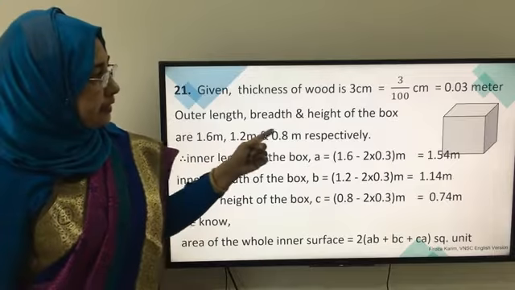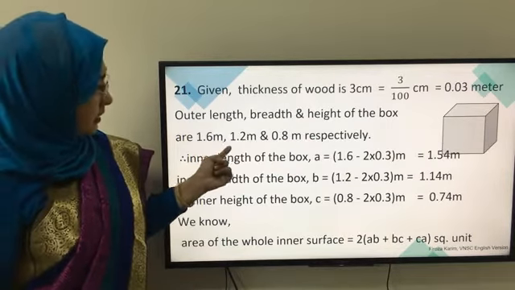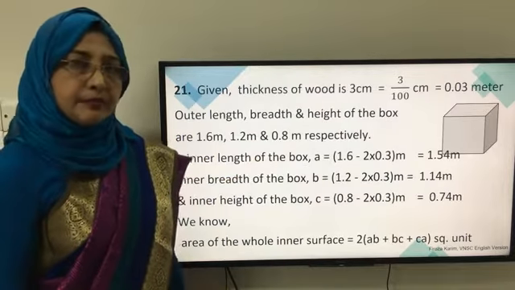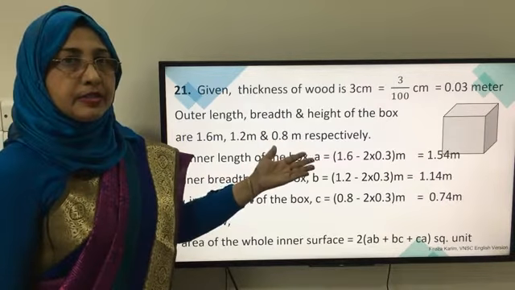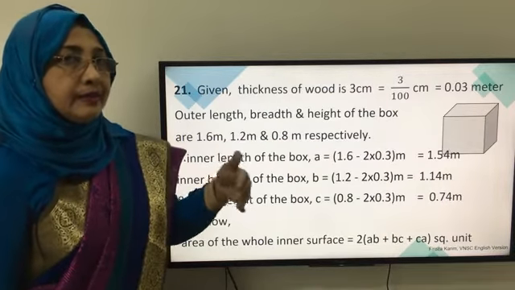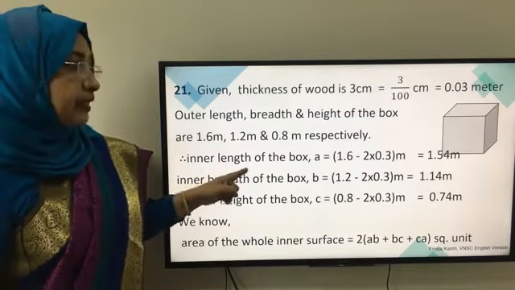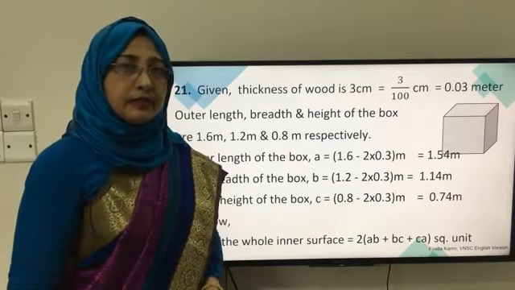Outer length, breadth and height of the box are 1.6 meter, 1.2 meter and 0.8 meter respectively. These 3 are outer dimensions and we have to find the inner area. So we have to find the inner length, breadth and height. How to find the inner length?